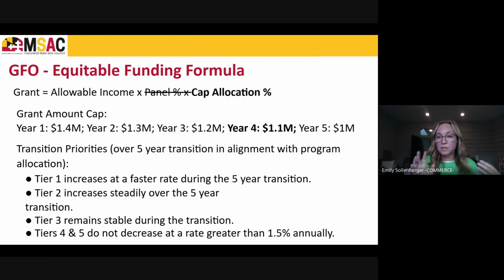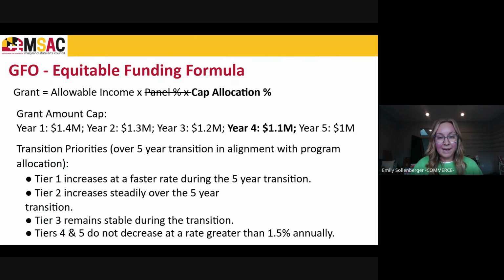As we noted, there was a previous revision of implementing these tiers and shifts in the cap allocation percentage. We also are shifting towards a cap amount that no one organization can get over $1.1 million moving into FY27. And in year 5, the final year, we're essentially capping the awards at $1 million.